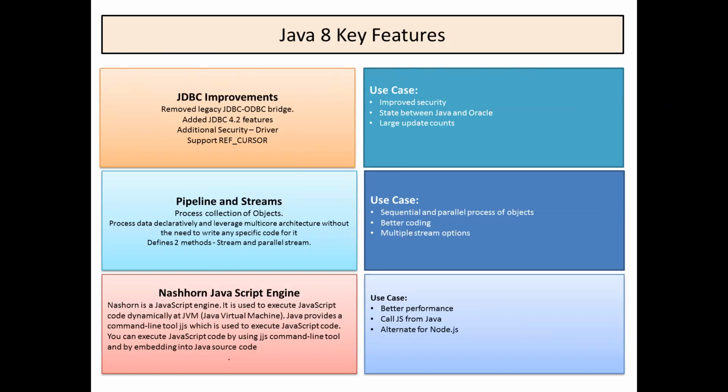If you work on JavaScript, you know it's a scripting language with syntax similar to Java, but it's faster to code. You don't need to write a class and all; it's a very loosely coupled scripting language, right?